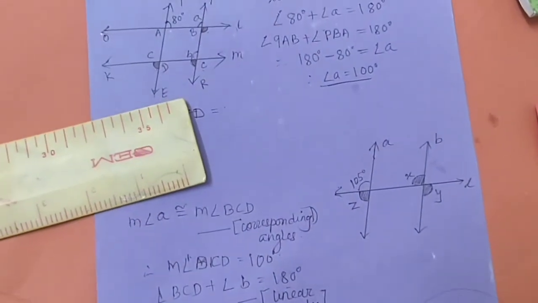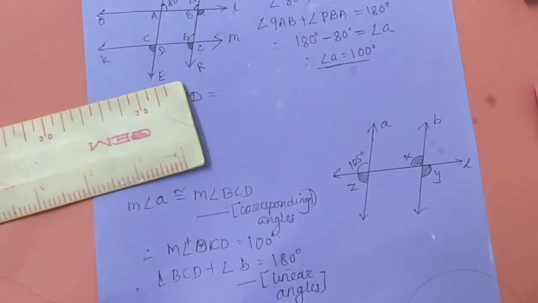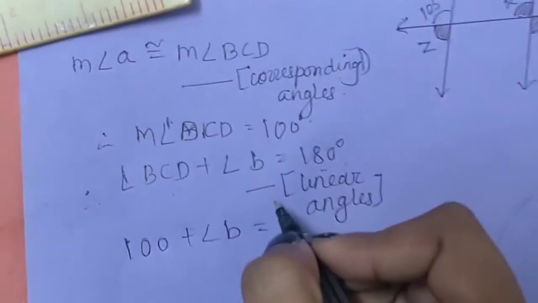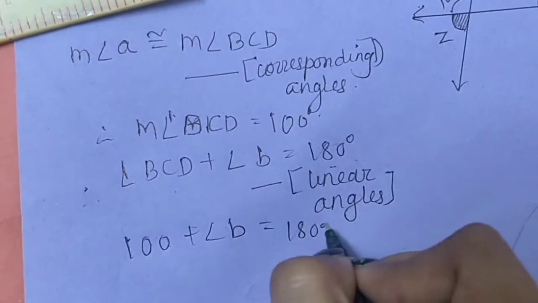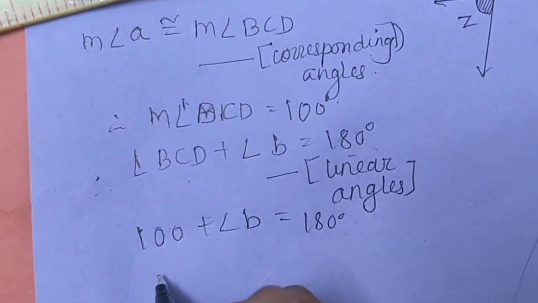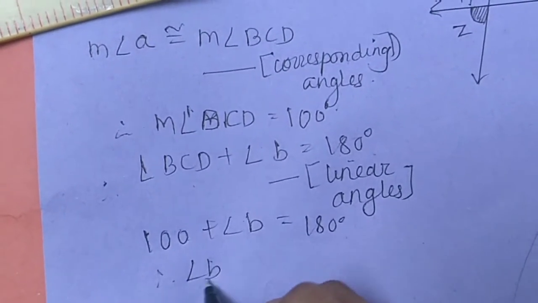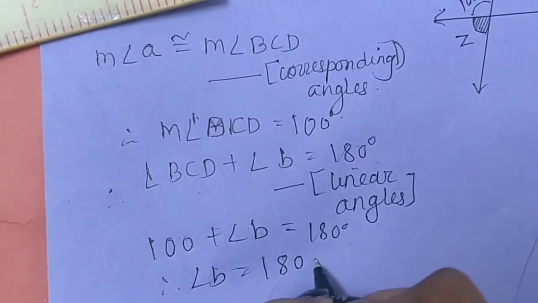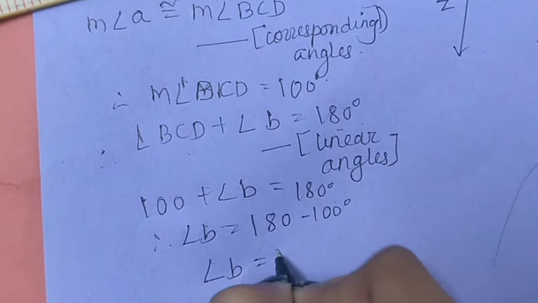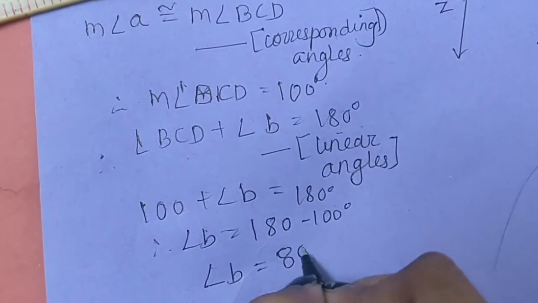Therefore 100 plus angle B will be equal to 180 degrees. Therefore angle B will be equal to 180 minus 100 degrees, and angle B equals 80 degrees.